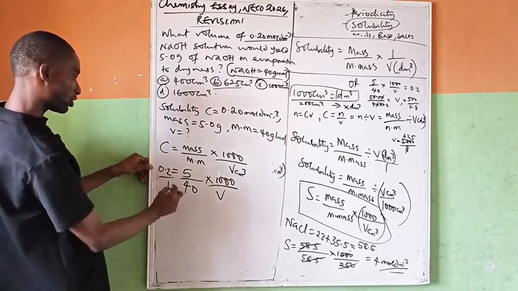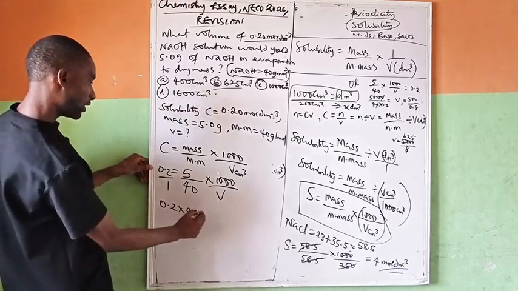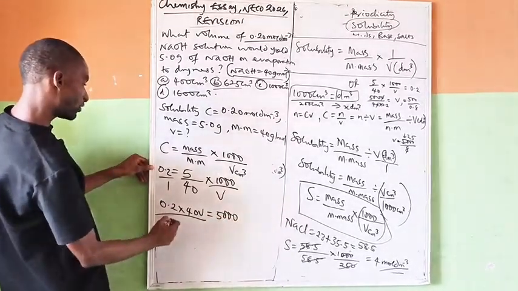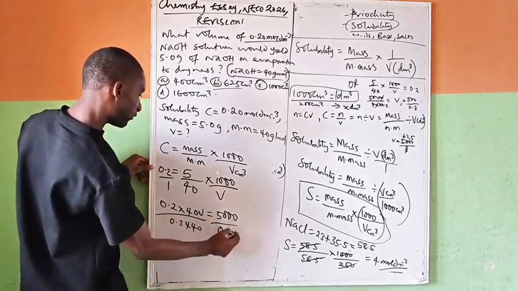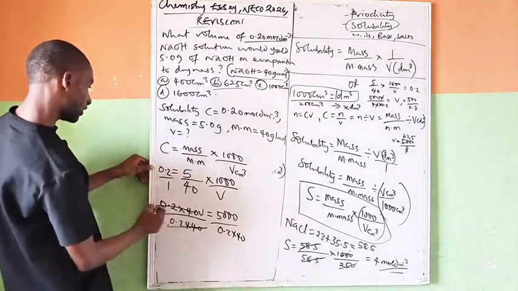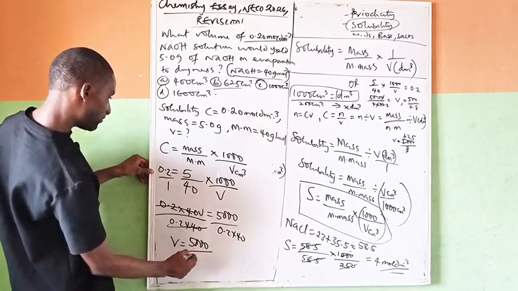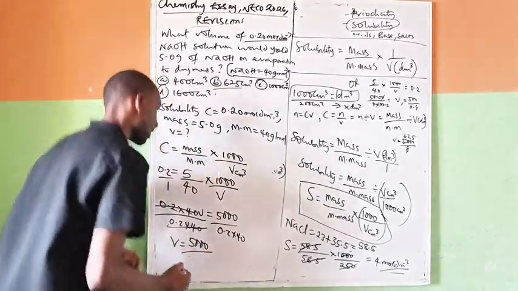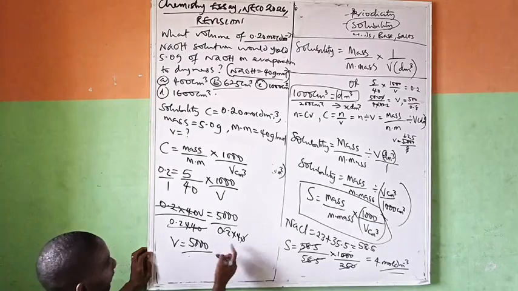If we cross multiply, we'll have 0.2 times 40V equals 5000. So divide both sides by 0.2 times 40. This cancels this. So the volume will be 5000 divided by 0.2 times 40. 2 times 4 is 8.